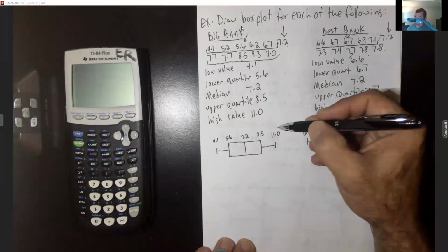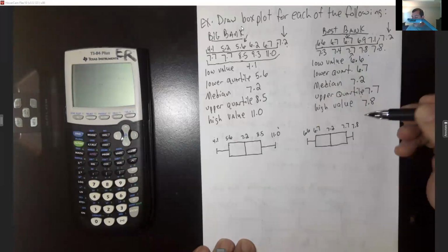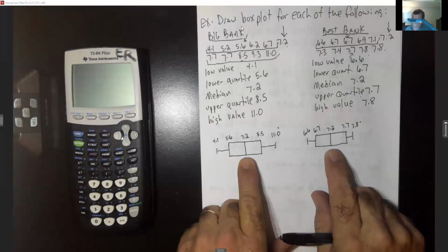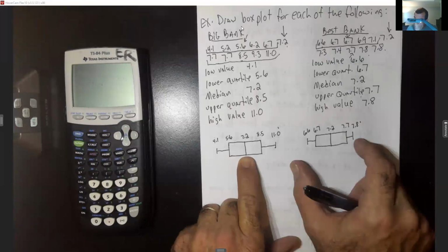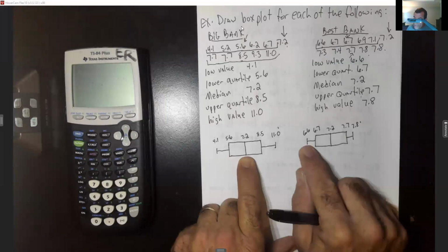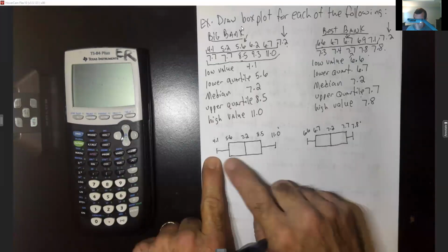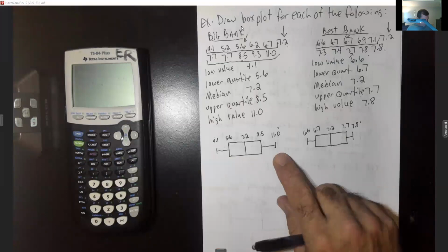So 11 seconds, they was probably a little angrier than someone that waited just 7.8, okay? So they'll have you look at data. Although they had the same average or means, more of the data from Best Bank was in between 6.6 and 7.8, to where Big Bank was from a 4.1 all the way to 11 seconds.